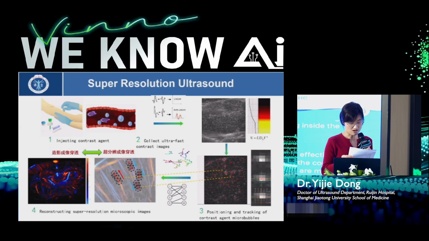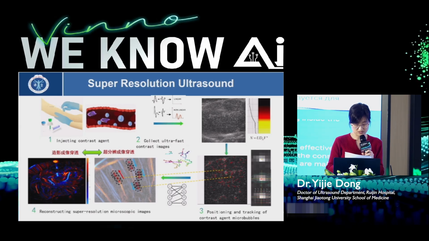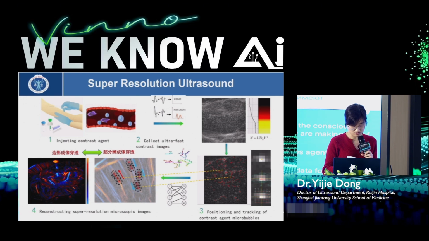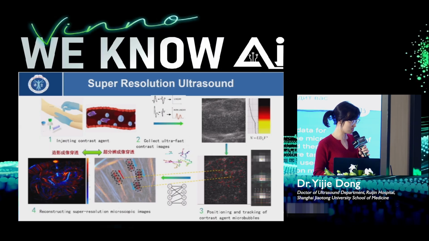Finally, a series of formulas are used to reconstruct the super-resolution microscopy images. Although these formulas look complex, they are the magic spells for imaging reconstruction. So this technology combines contrast enhancement with imaging penetration, and super-resolution imaging allows us to observe superficial organs more clearly, bringing new possibilities for clinical applications.